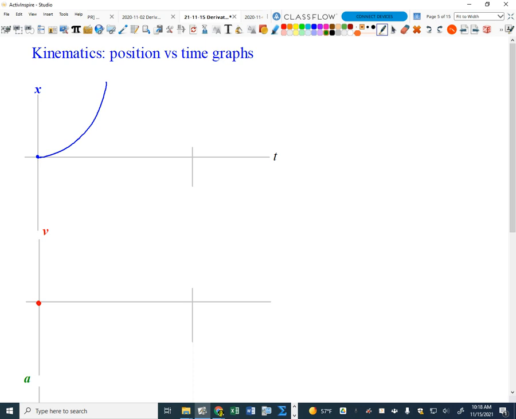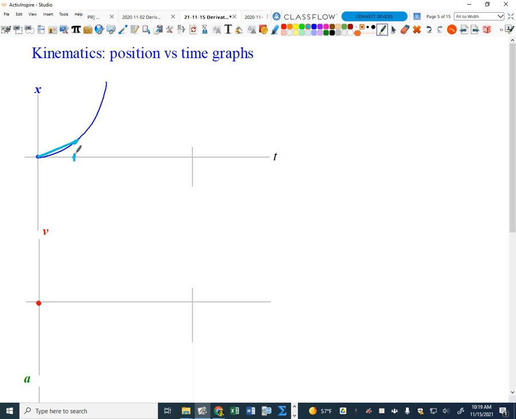Not a straight line. Okay, so if I were to look at just a couple little intervals on this, like if I wanted to calculate my average velocity from here out to here, right, well, I'm going to rise by a certain amount, and I'm going to run by a certain amount, and that would be the slope that connects those 2 points. So I've got a certain average velocity between the start and that point right there.